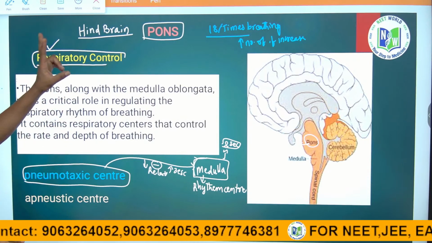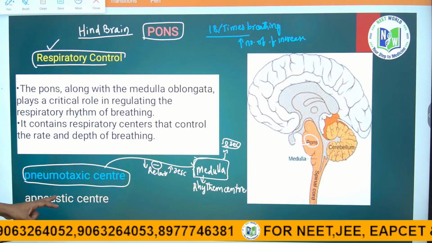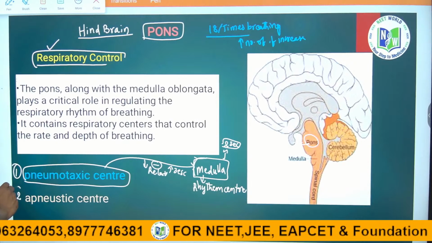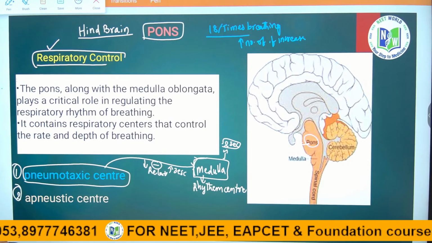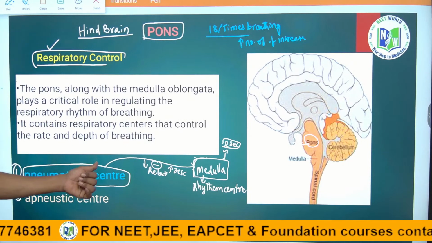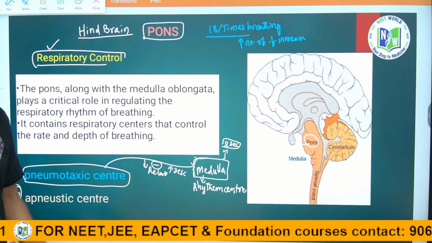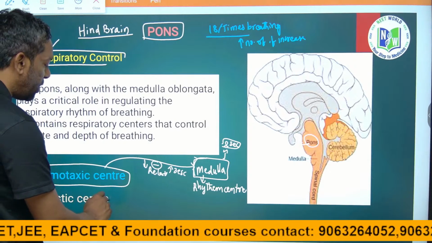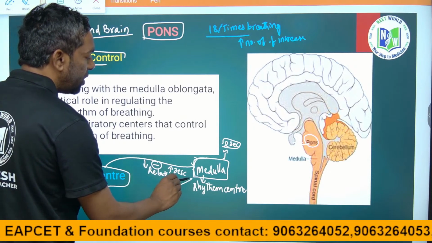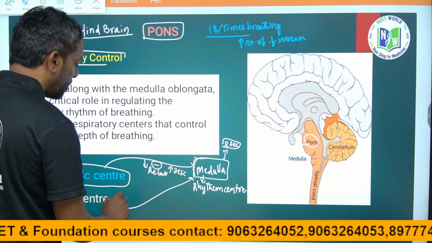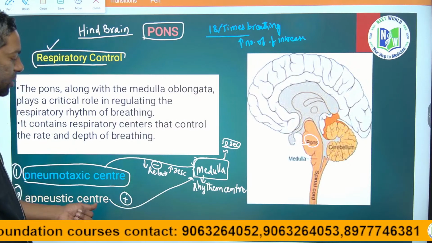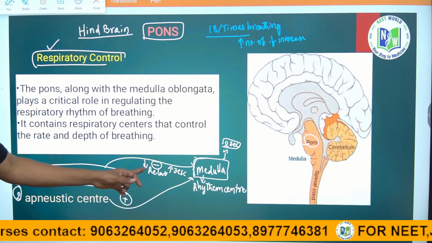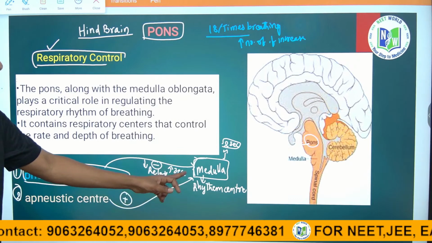The pons has 2 areas for respiratory control: one is the pneumotaxic area, and two is the apneustic area. The pneumotaxic area gives negative signals into the medulla. The apneustic area gives positive signals to breathe again. After 3 seconds of relaxation, they give the signal into the medulla.